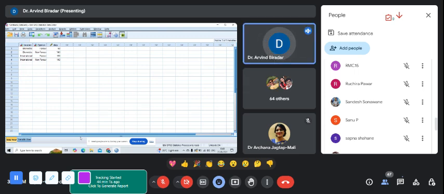So chi-square comes under non-parametric tests. There are two most important tests.